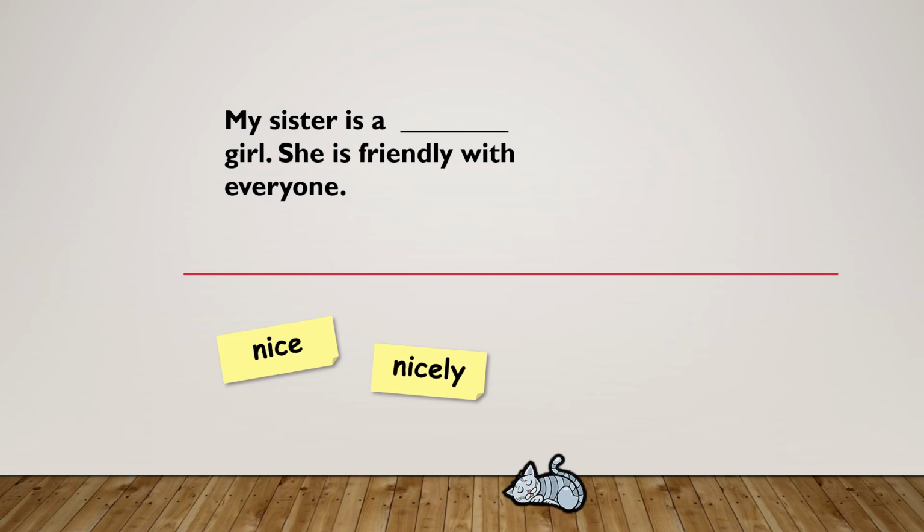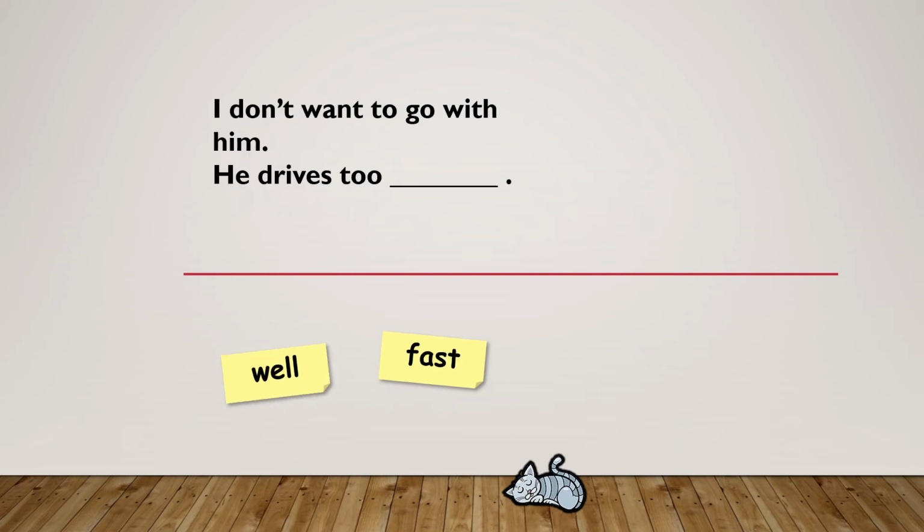My sister is a girl. She is friendly with everyone. What are we describing? Are we describing a noun or an action? Of course, my sister is a nice girl. I don't want to go with him.